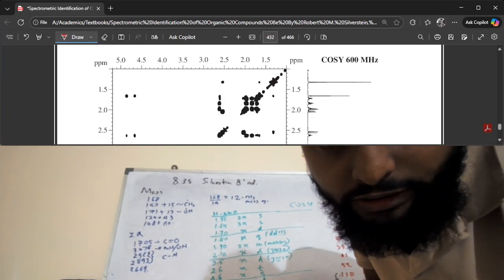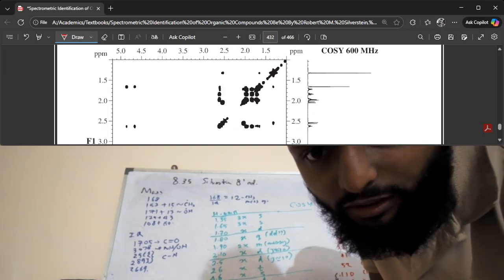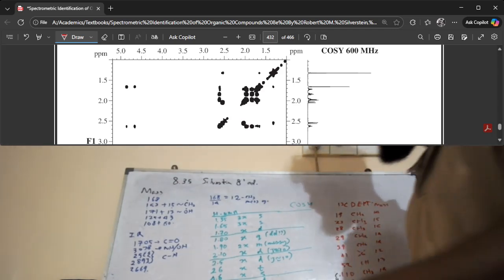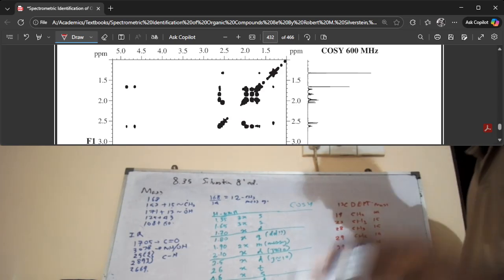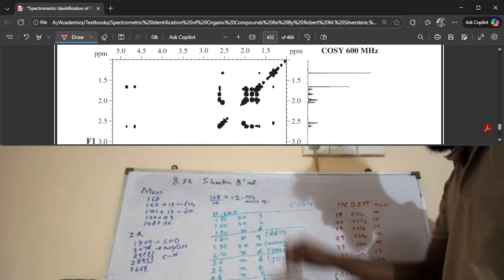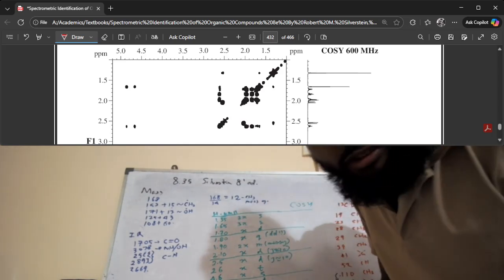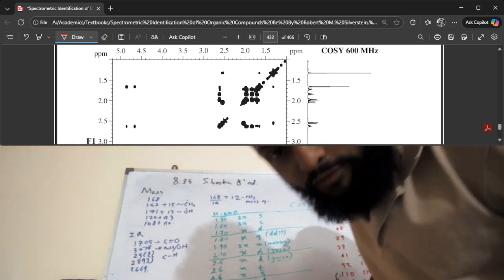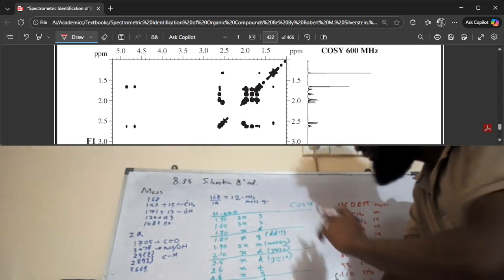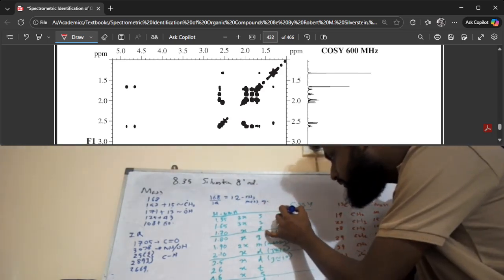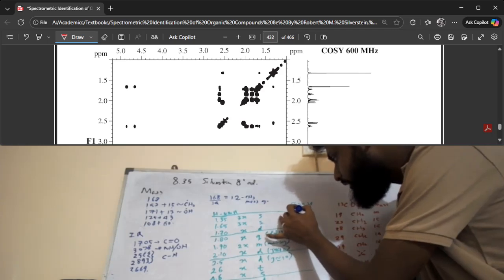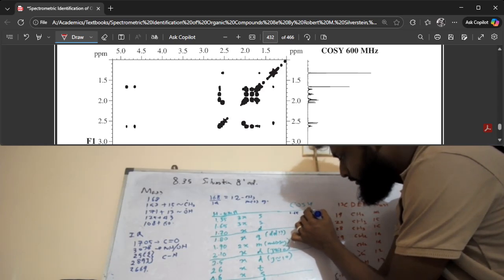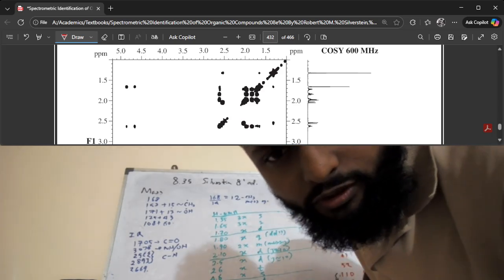The correlation data in this particular graph is a little disorienting because there are so many peaks. If you consider, writing this in blue color, 1.33, it's a singlet. But if you look at it, it correlates with a bunch of different points. There's an issue there, so we are going to ignore it, but we'll write it down nevertheless. 1.35: you can see that there is a COSY correlation at these points.